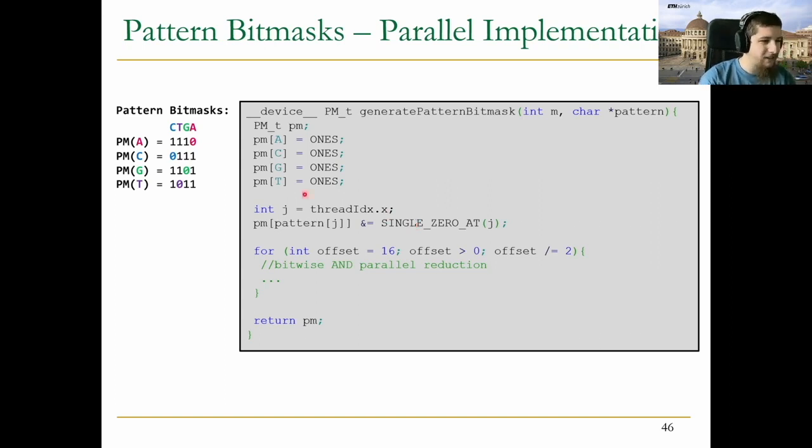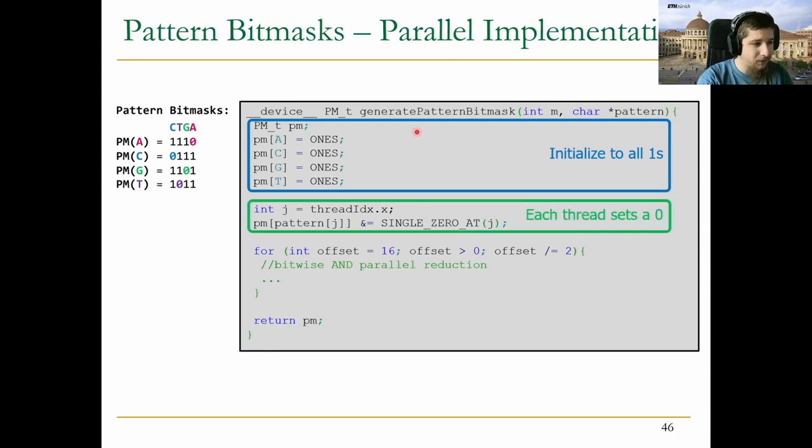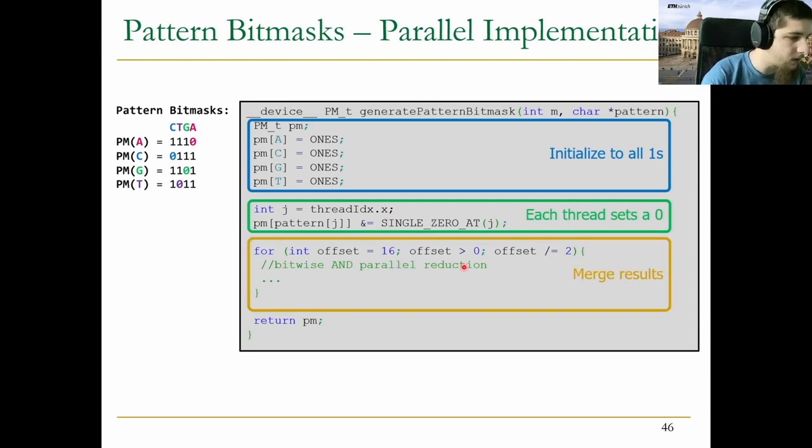So what we can do instead is initialize the bit vectors to all ones, and have each thread have its own local copies of the bitmasks, and then have each thread set in its own bitmask only a single 0. So at this stage, each thread has a set of bitmasks with only a single 0 in it. And then you can merge all these bitmasks together with a parallel reduction.